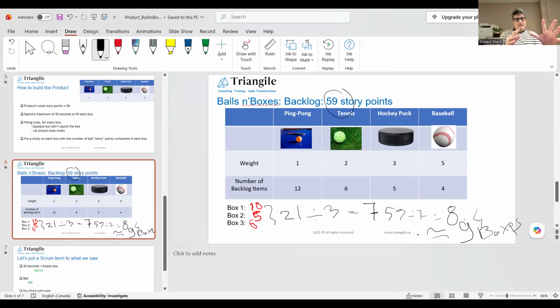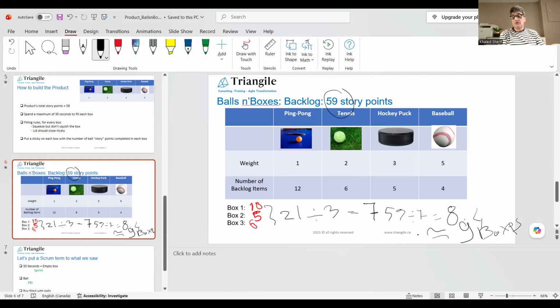But you see now the difference here is that I didn't spend a lot of time measuring or doing anything, just by eyeballing and giving a relative weight to each ball and quickly doing the work, filling a sample of boxes. I now came to a pretty reliable estimate of how many boxes.